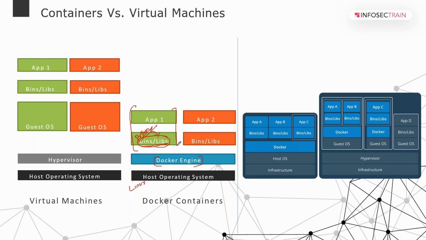The container is self-contained, so even if you move from Linux to Windows or vice versa, as it is self-sustained and has all the necessary files for that platform to work, we don't have to worry about the underlying OS.